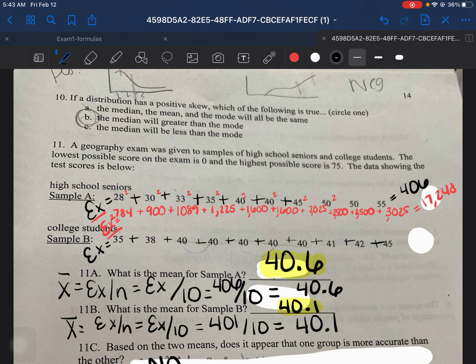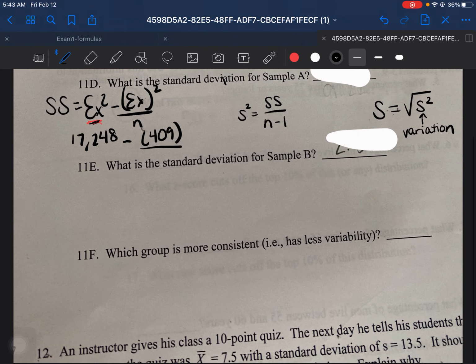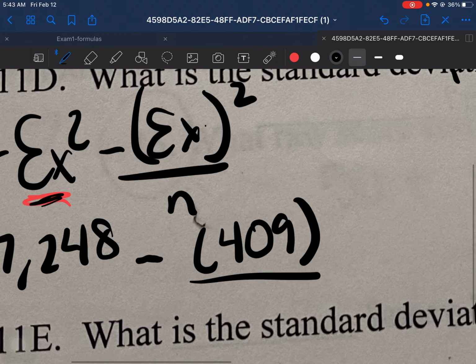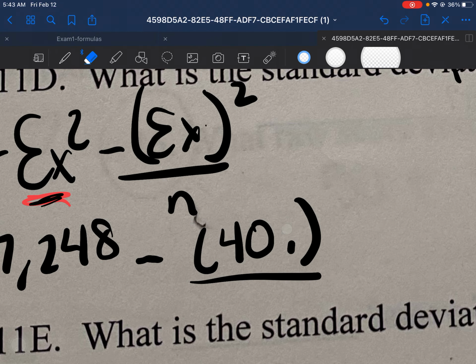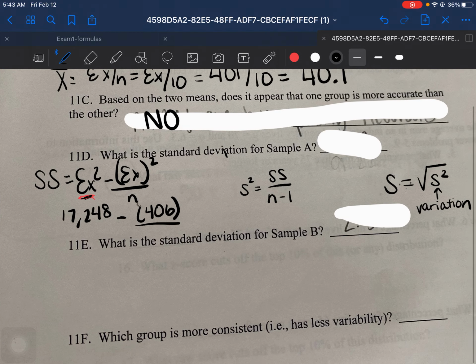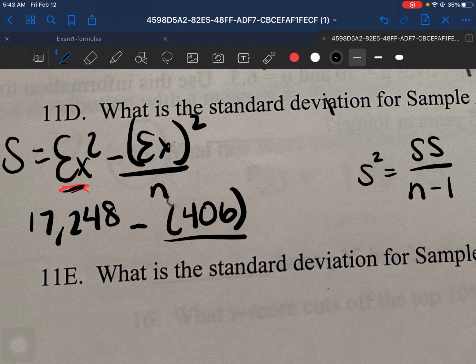We added up 28, 30, 33, 35, 40, and so on, and that gave us 406. And then we said that n was 10, since that's how many people were in our sample. So 406 divided by 10 is 40.6.